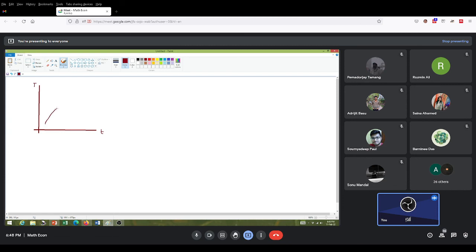If I go on increasing taxes, the tax revenue is going to go up. After some time, tax revenue is going to fall. So ideally what I should do is keep my tax rate set over here in order to maximize tax revenue.